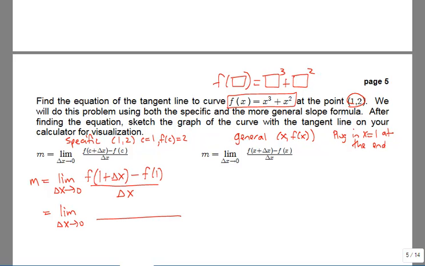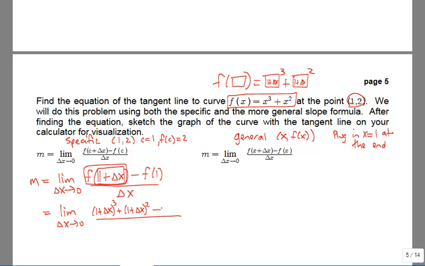And what I want for my stuff right here is 1 plus delta x. So I need to do that (1 plus delta x) cubed plus that (1 plus delta x) squared. All I did was plug in my input right into those two boxes. So that is what f of 1 plus delta x gives us.